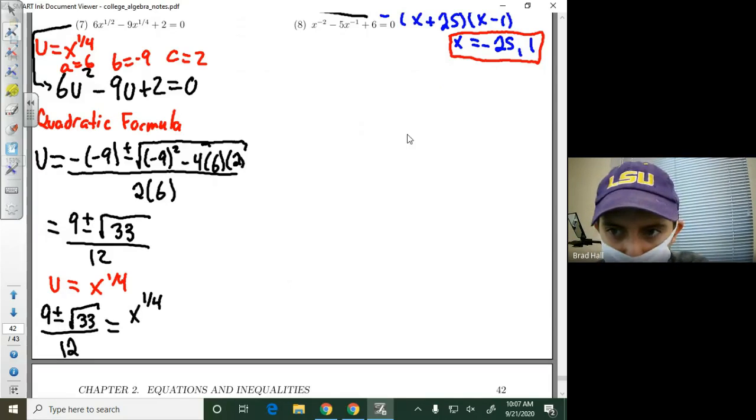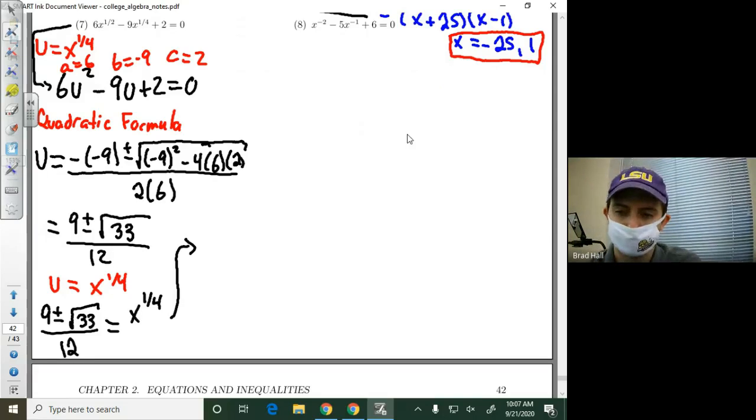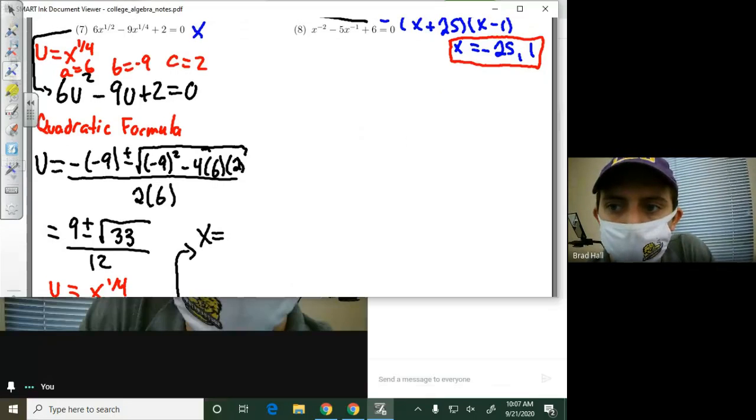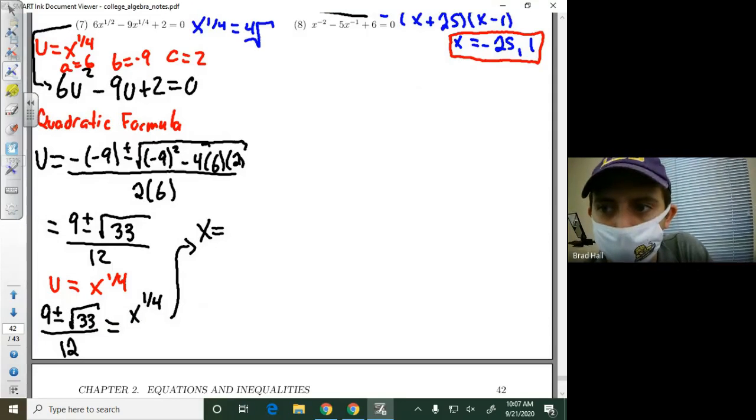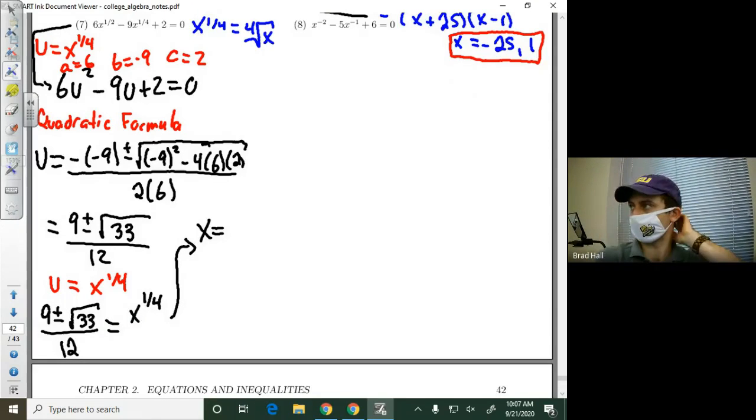And now to get x by itself, well, x to the 1/4 is the same thing as the 4th root of x.